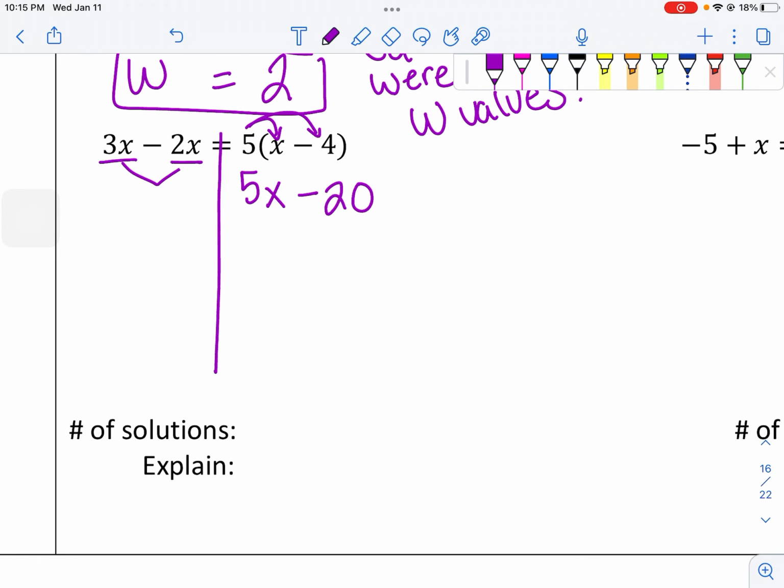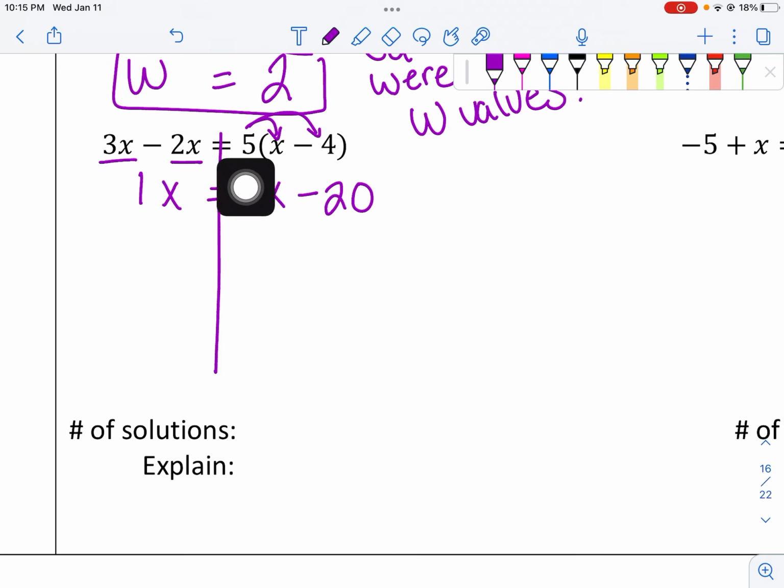I have 3x minus 2x, which leaves me with a 1x. So now I have 1x equals 5x minus 20. So I should have more than one solution because I have different values for x. On this side I have 1, and on this side I have 5.